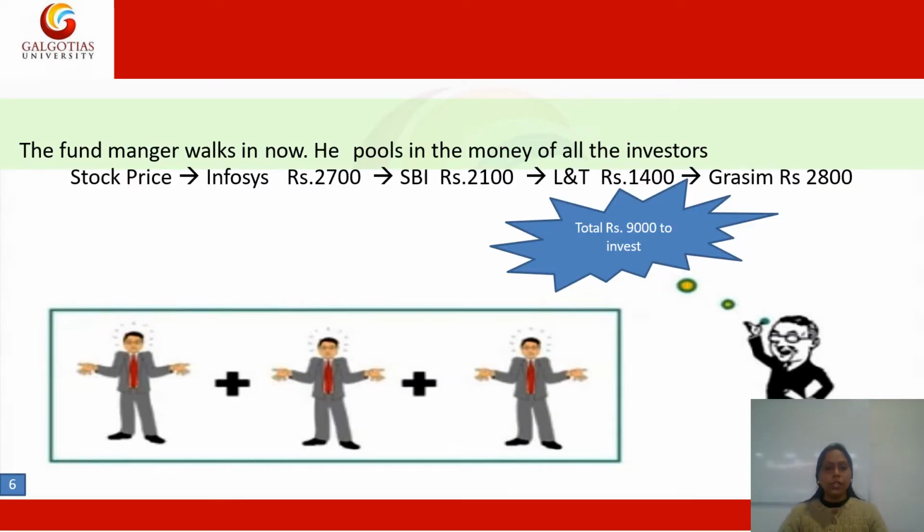Thereby the story moves around that specialized, or I would say technical, person who has in-depth knowledge of the market, whom we call the fund manager. The fund manager is going to pool all the money from different investors.